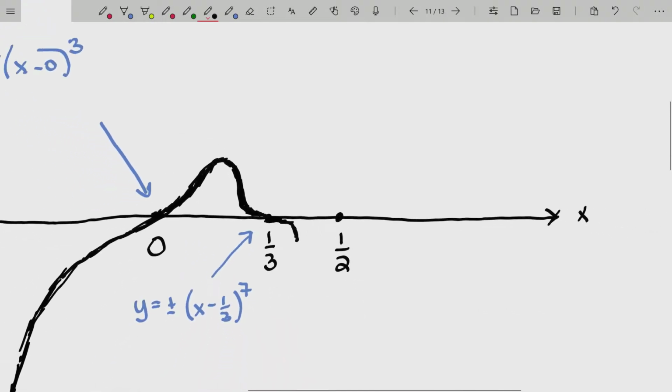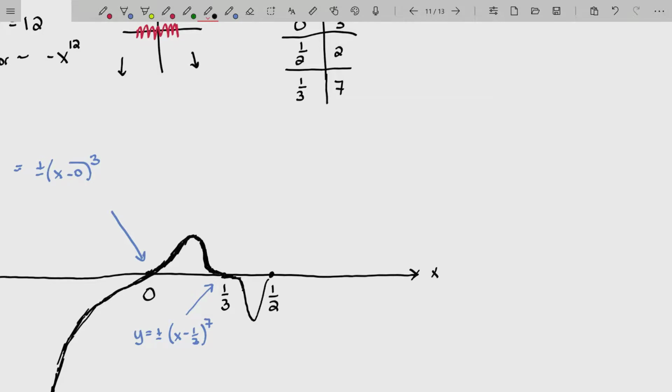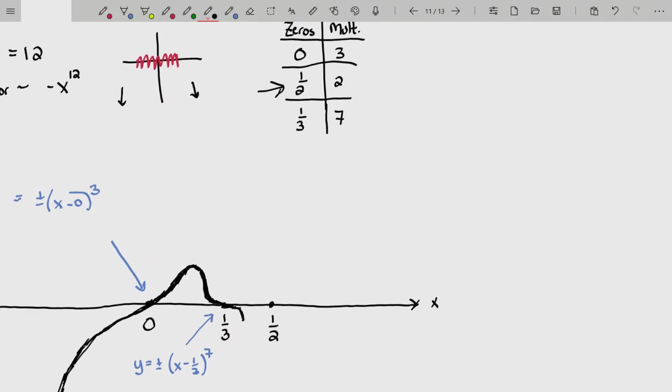All right, and now the next 0 occurs at 1/2. Remember, it's going to want to be drawn back to that 0 just like a magnet. Note 1/2 has multiplicity 2, so locally, if I zoom in close enough, it's going to look like plus or minus x minus 1/2 squared, like a parabola shifted half a unit to the right.